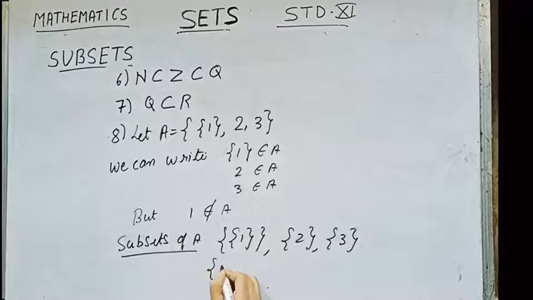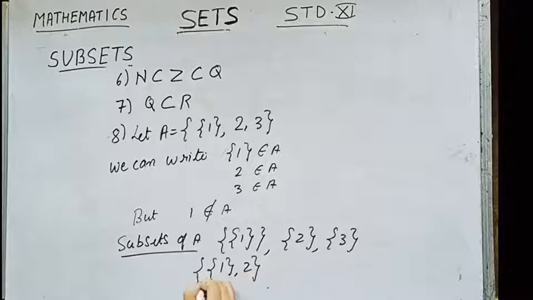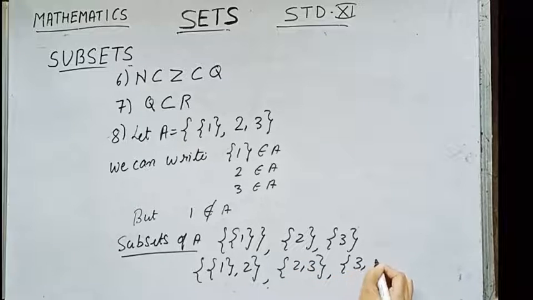Then let us make the pairs: the set containing 1, 2, the set containing 2, 3, and the set containing 3, 1. Also the whole set, that is the set containing 1, 2 and 3, and also the empty set.